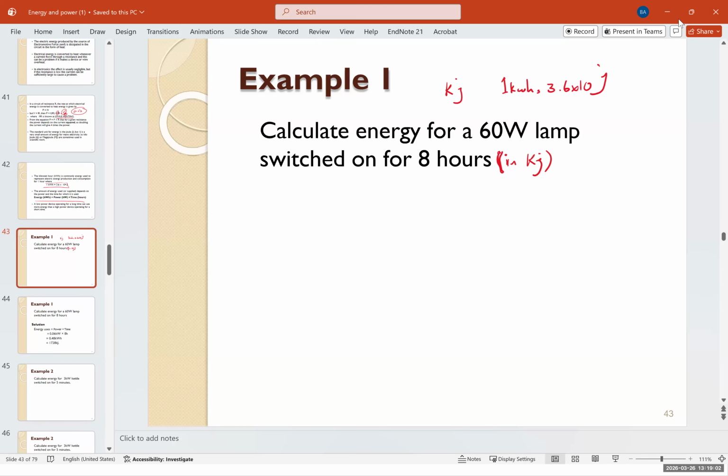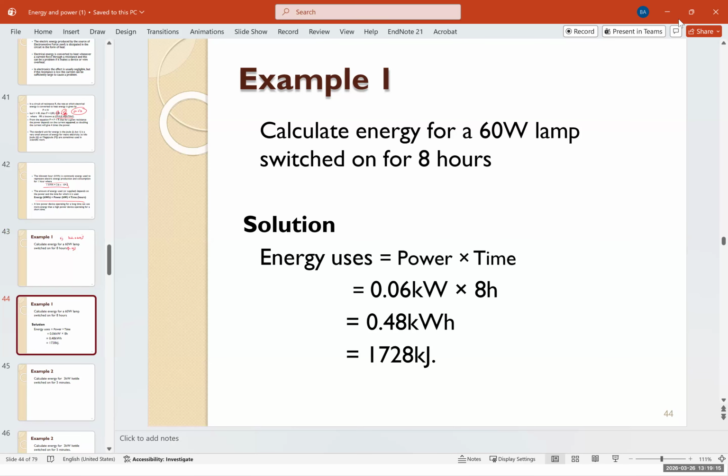You need more time? Okay, so let's go to the answer. Energy usage is going to be power times the time.